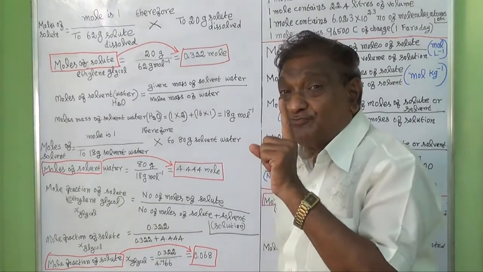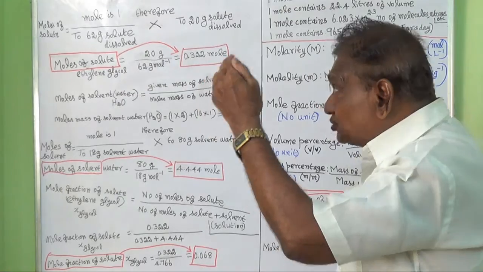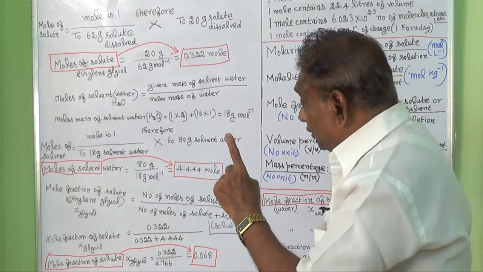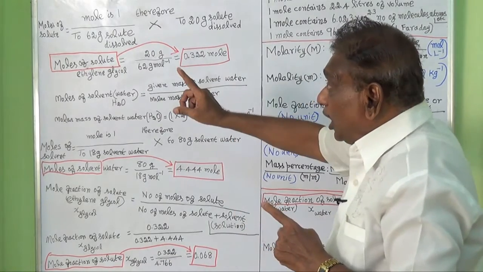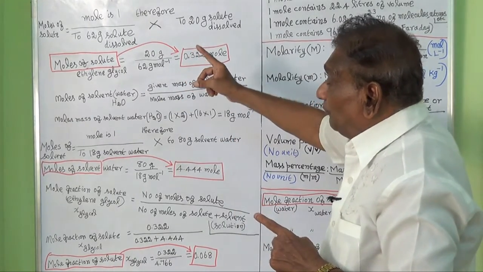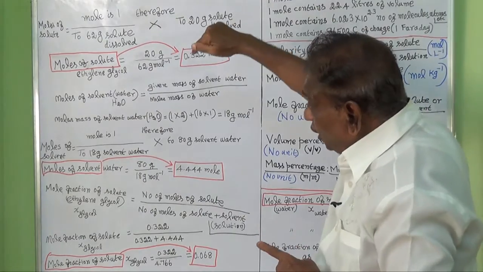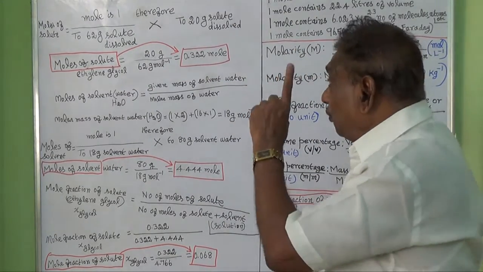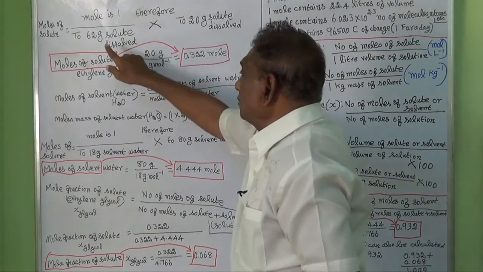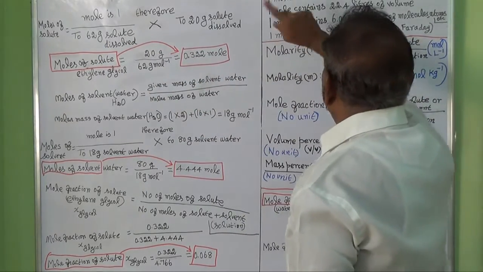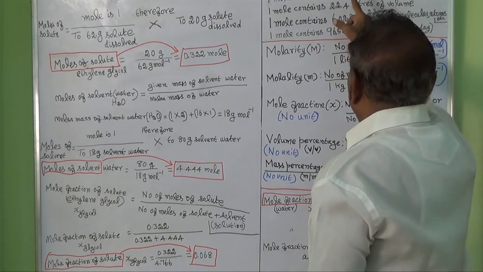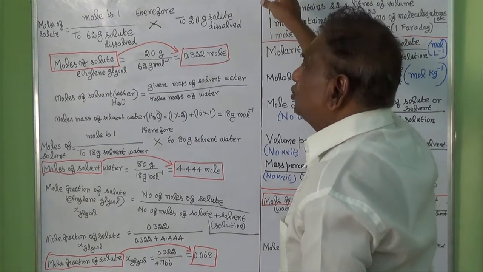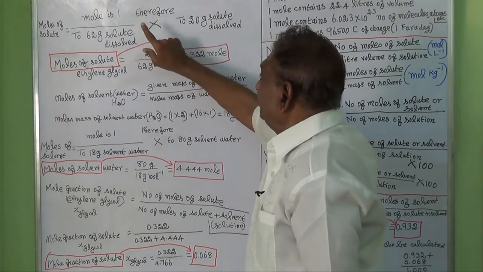The meaning of that is, if 62 gram of solute would have been dissolved, the number of mole will be 1. This is the 1 molar mass. As we have already discussed, in 1 molar mass there is 1 mole. So the number of mole is 1.